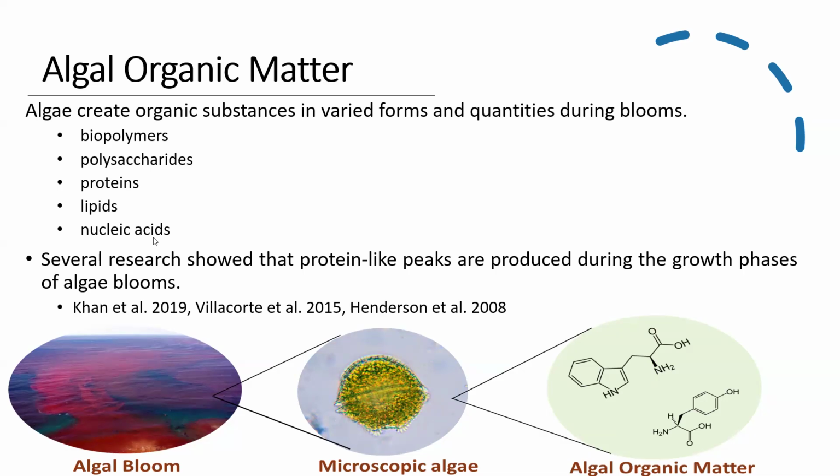Spectroscopic techniques like fluorescence spectroscopy are the second most abundant technique used for the analysis of organic matter when compared to dissolved organic nitrogen analysis, hydrophobicity analysis, and high-performance size exclusion chromatography. Several studies have shown that protein-like peaks are produced during the growth phases of algal bloom.